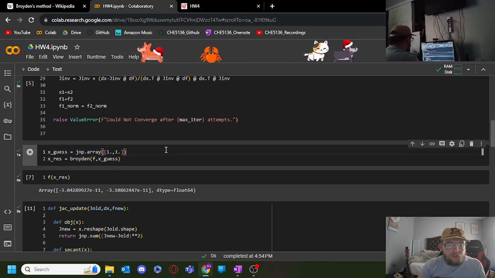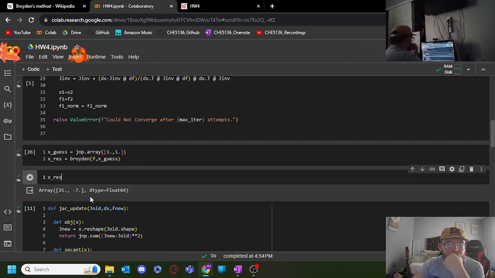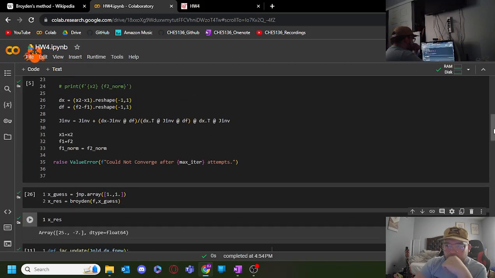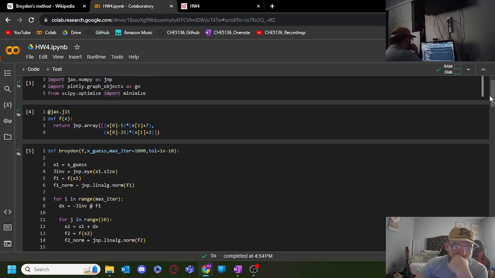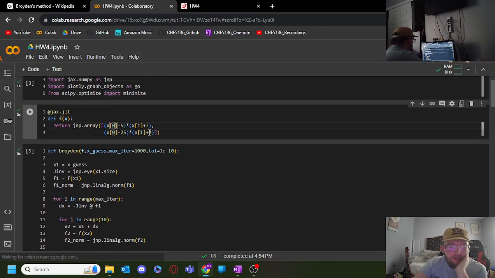So then if we do that up here, xres is 25, -7. 25, -7. So they may be different values, but as you can see, they're still solving it just fine.